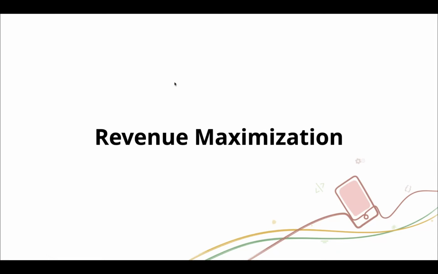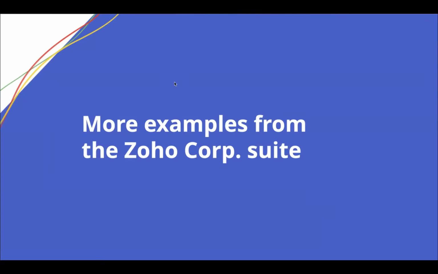Next, like any digital transformation technique, revenue maximization is the second goal. Now let me give you more examples from the Zoho Corp suite on how AI can help in process optimization and revenue maximization by doing decision automation.